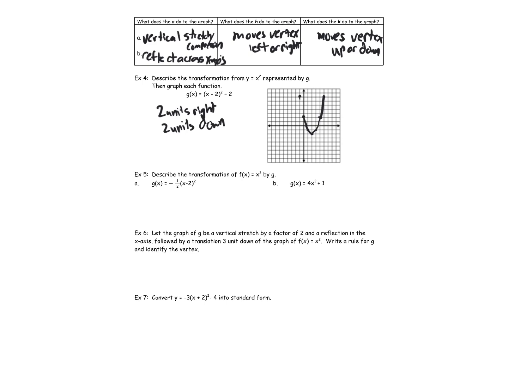So everything just moves 2 to the right and 2 down. So we just shift everything. So that's one way to do that without making a table. We can actually just adjust everything if we can remember where those parent function points are. All right.